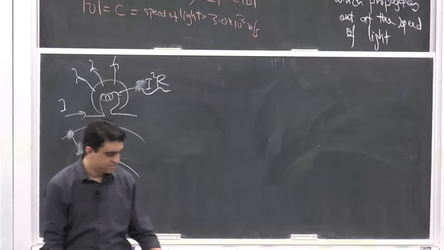So let me draw that's your B field, how it varies with time, and that's your electric field, how it varies with time.